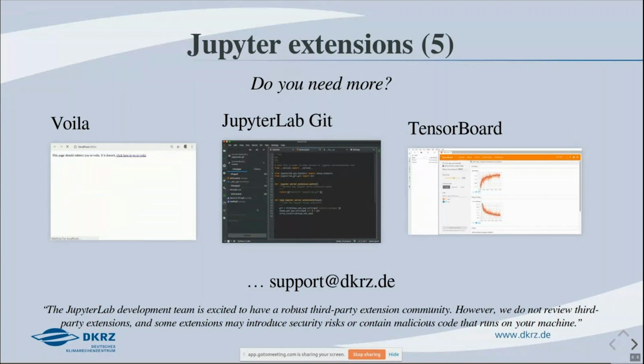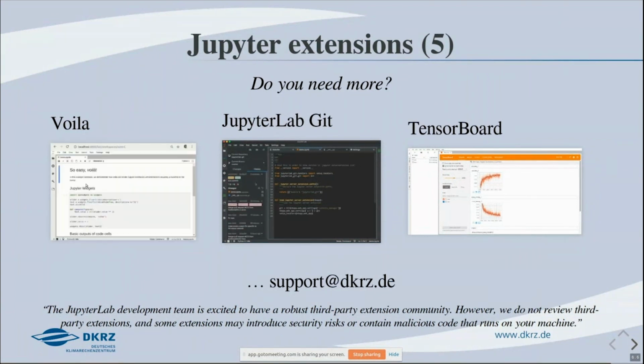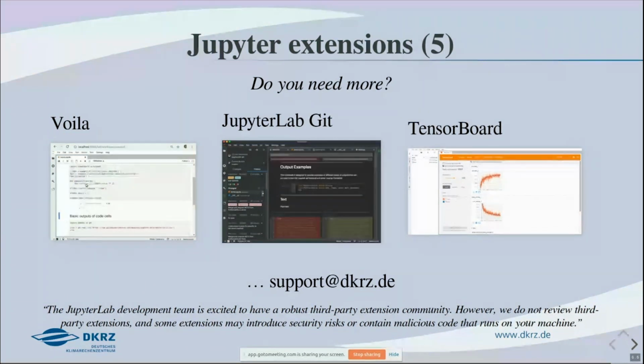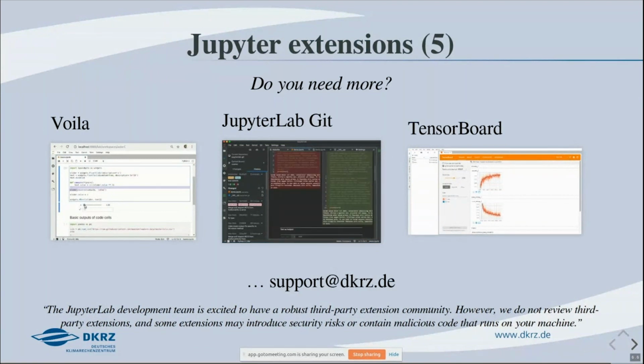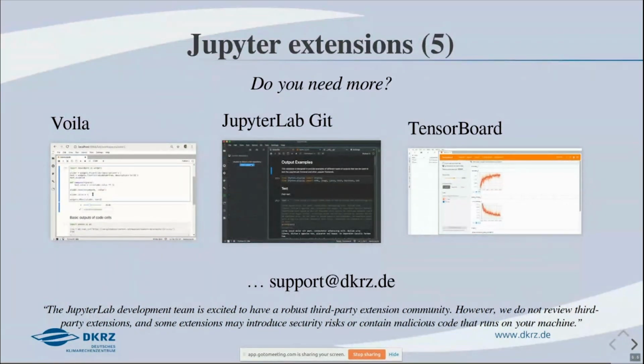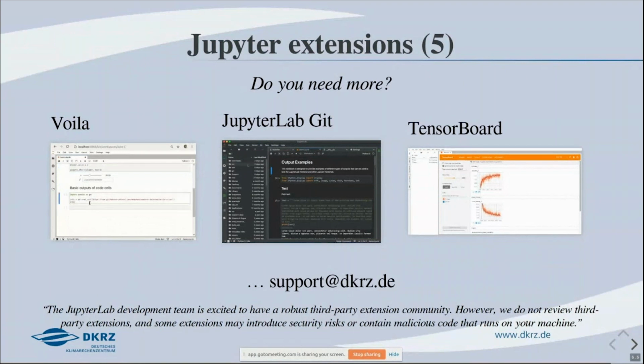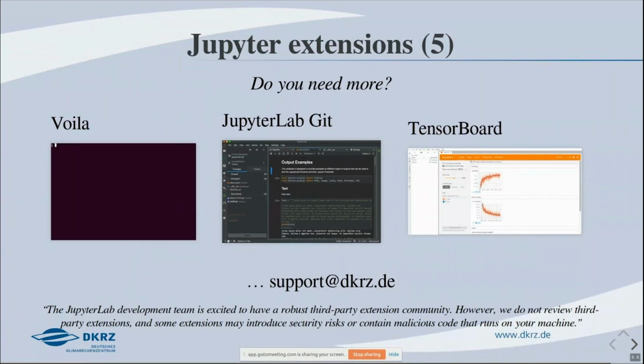The problem is that extensions mostly need a server extension, which is why we need to install them in the root environment of Jupyterhub, and why sometimes we try to avoid it. But as I said, if you need an extension, just check if maybe you don't need a server extension for it. Then you just install it in your user directory. Otherwise, you just contact us.